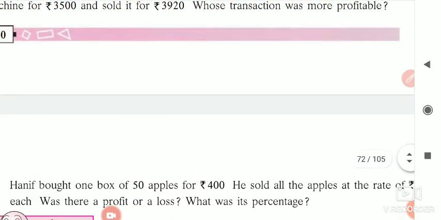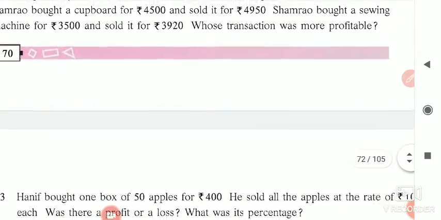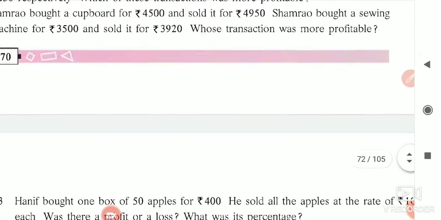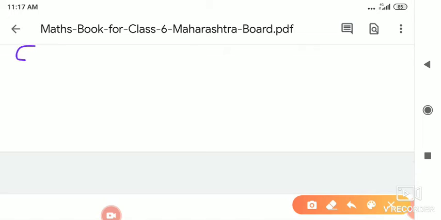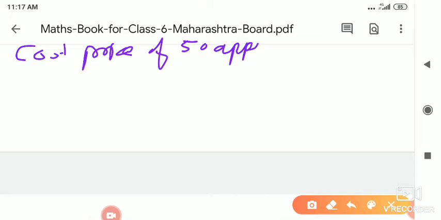I will keep this example here downside for reading. Okay, so the CP, the cost price of 50 apples, is equal to how much?